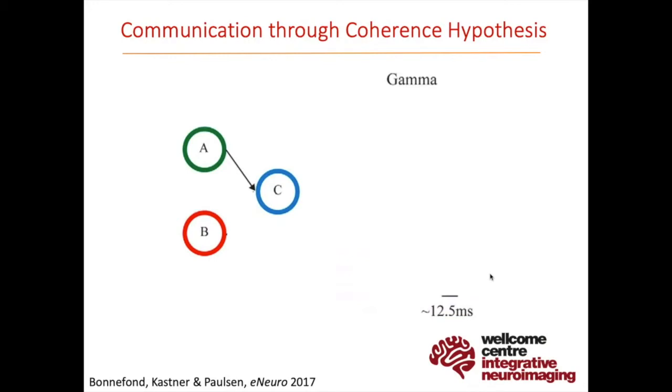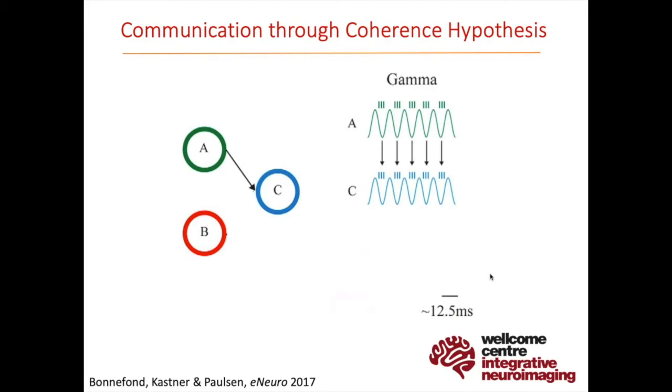So this spoke to the communication through coherence hypothesis, whereby brain region A can communicate with brain region C if the spikes are happening at certain times in the cycle.